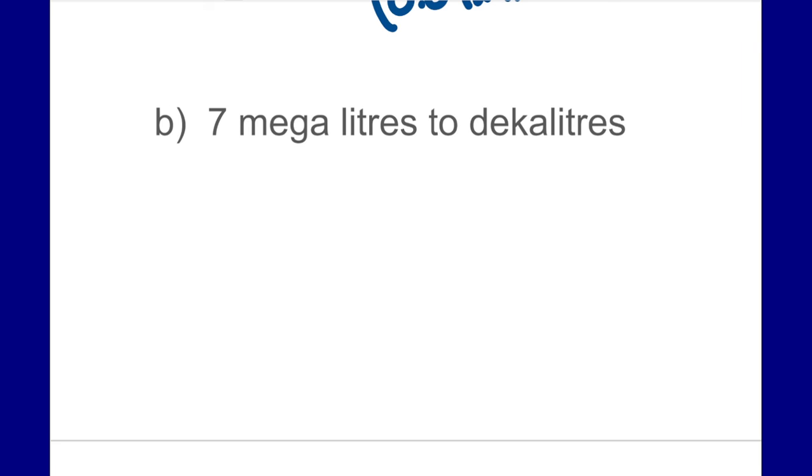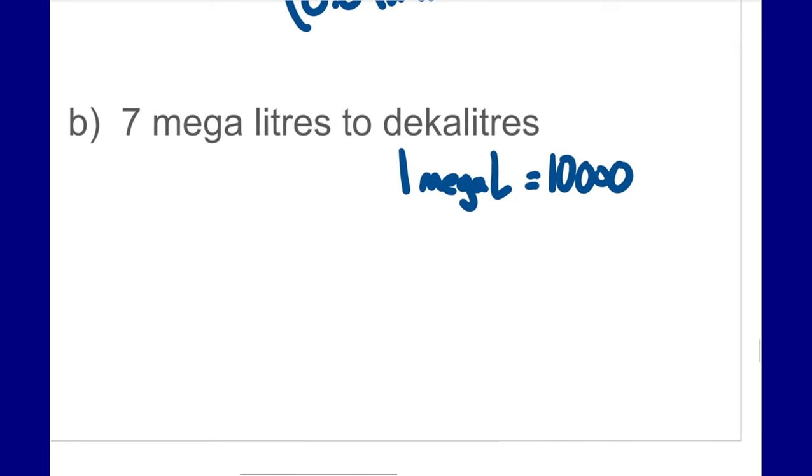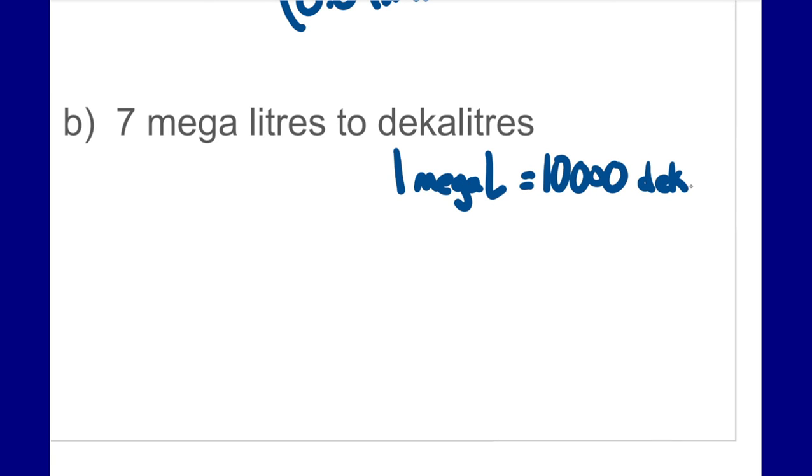And the unit rate in this case is that 1 megaliter, I'm not quite sure what that measurement is, or the unit symbol, but we'll say megaliters, is equal to 10,000 decaliters. So that's our unit rate.